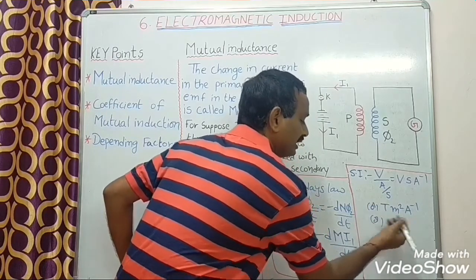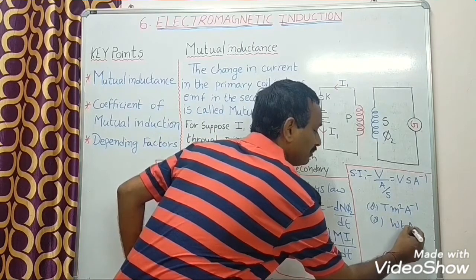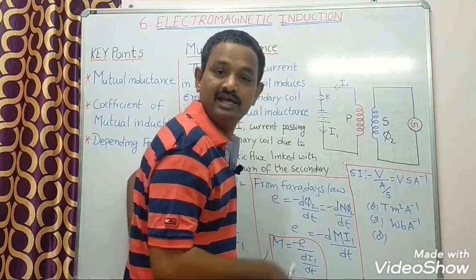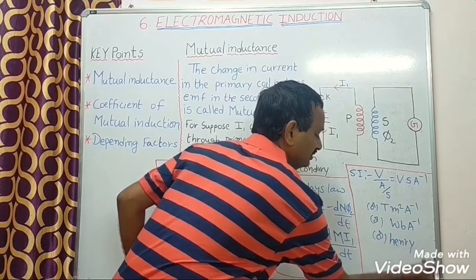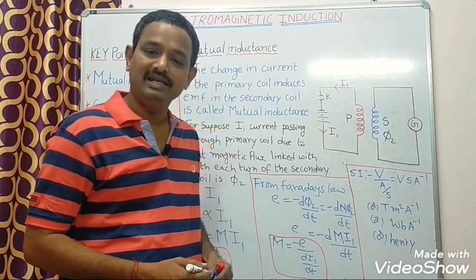Or in terms of Weber, I can write Weber ampere power minus 1. Or also I can write Henry. Henry is the name of the scientist. So these are the SI units for mutual inductance.